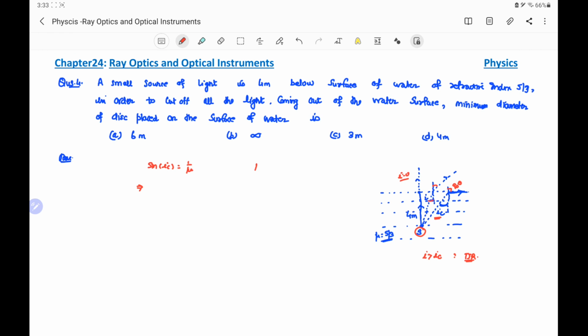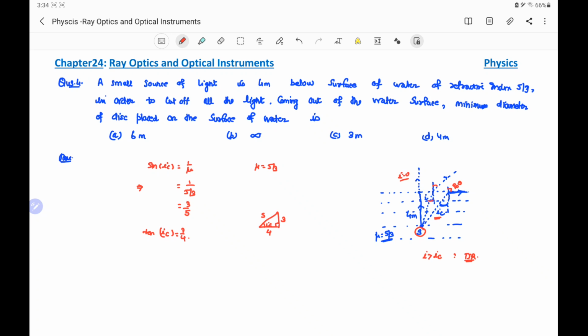Because mu is given 5 by 3, this is equal to 1 by 5 by 3, or equal to 3 by 5. If we make a right angle triangle with an angle IC, then sin IC equals 3 by 5, so perpendicular is 3 and hypotenuse is 5. So base is 4 and we can write tan IC is equal to 3 by 4.